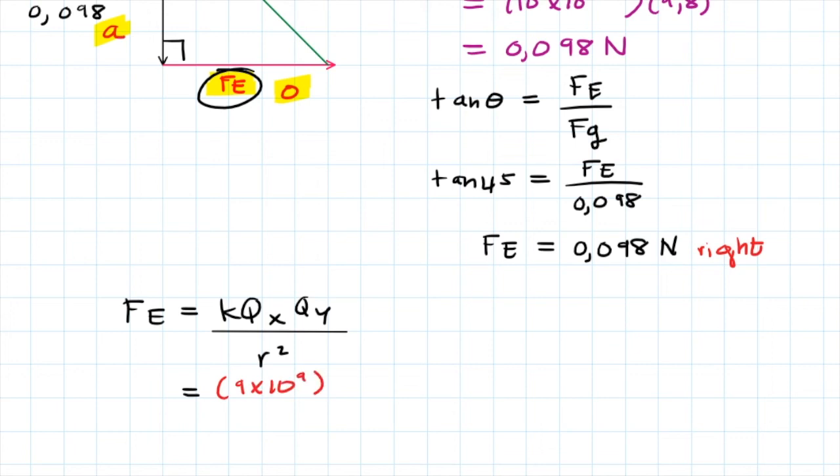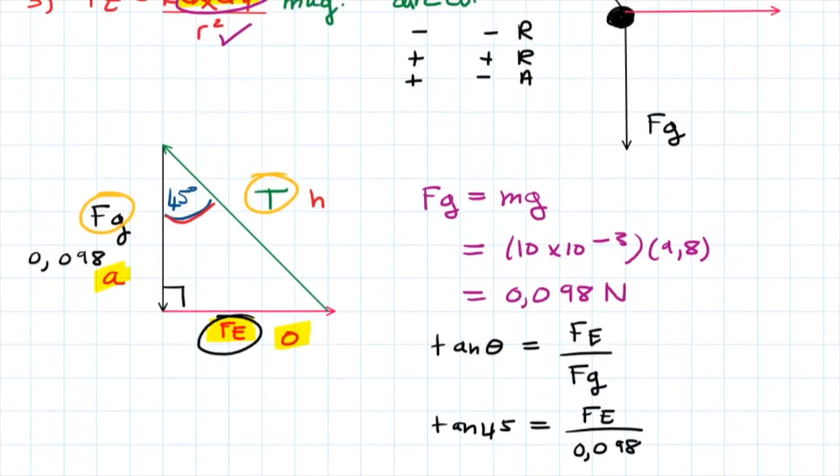Qx we're going to sub in as Q, and Qy we're going to sub in as Q. Now Q times Q is just going to equal Q squared. So instead of writing Q times Q, I'm just going to plug in Q squared to spare us a bit of time. We're going to divide this by the distance between them squared.